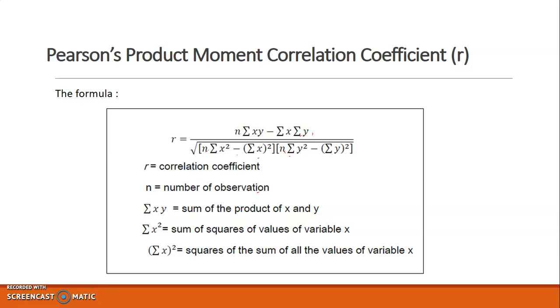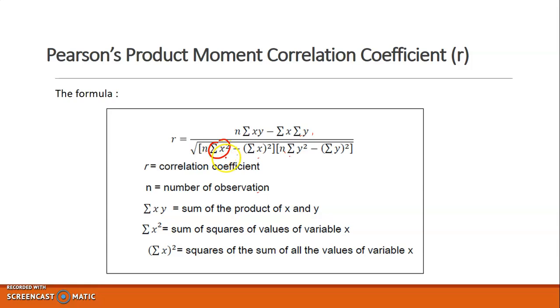For R value, we have the n term here. n refers to the number of observations, and then we have this summation xy. xy means variable x multiplied with variable y. After that, you find the summation value. And then we have the total x square down here. So this means you need to find the x square first, and then find the total of x square.